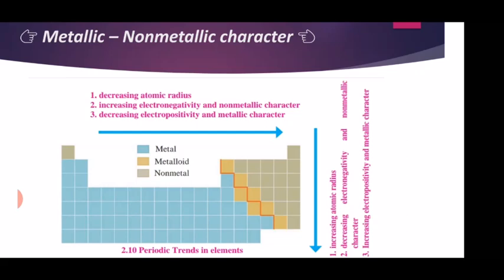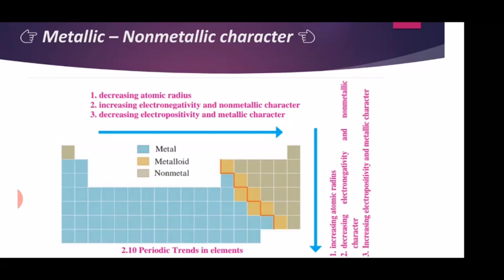Here the first point is decreasing atomic radius. That means if we go from left to right, the atomic radius decreases. The electronegativity and the non-metallic character increase, and the metallic character decreases. Now if we look from up to down, what happens?